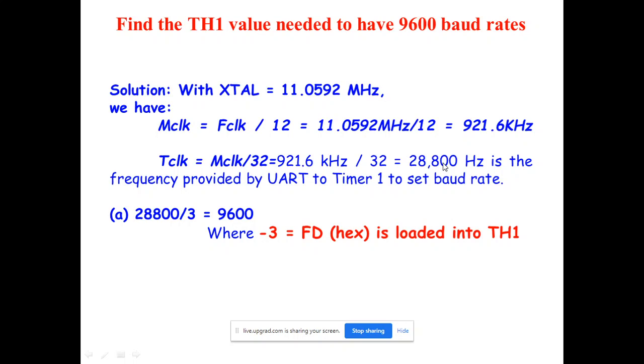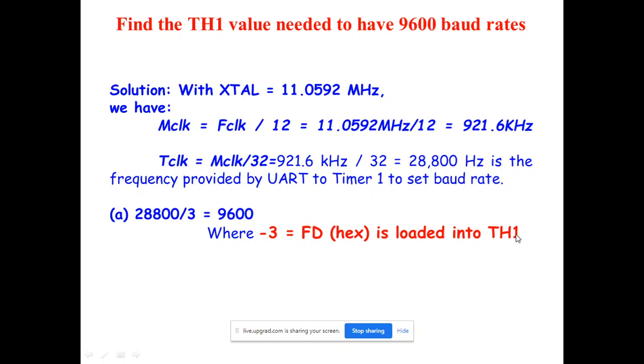From this basic frequency you want to generate 9600, so I divide: 28800 divided by 3 is 9600, and that's why we place -3 here. Converted into hex, it is FD. Now this FD value we put into TH1.